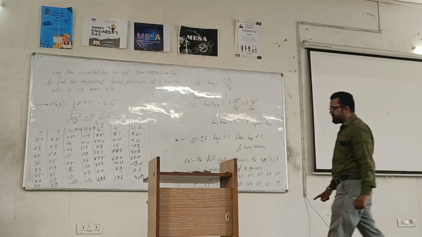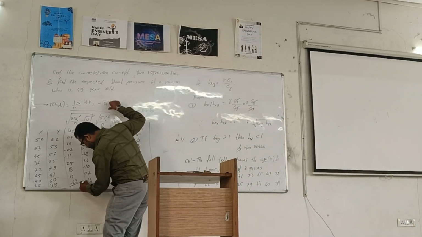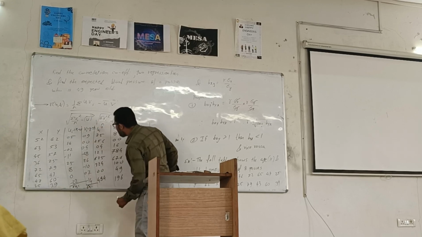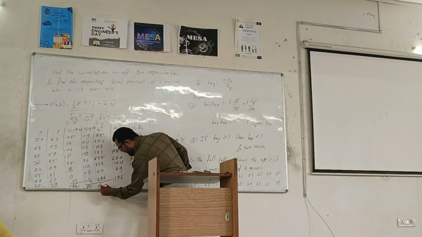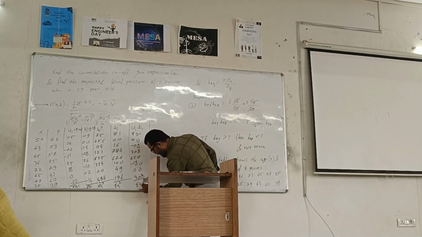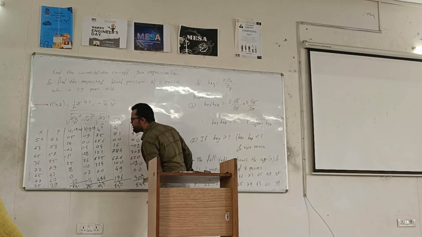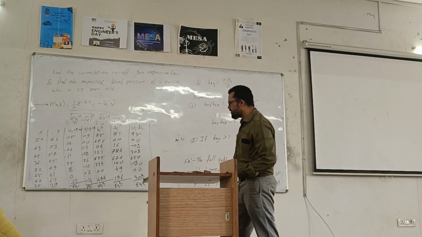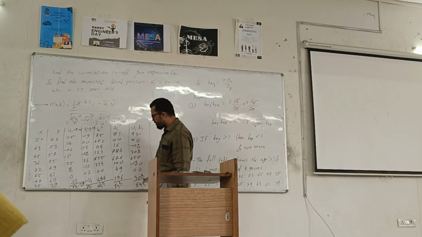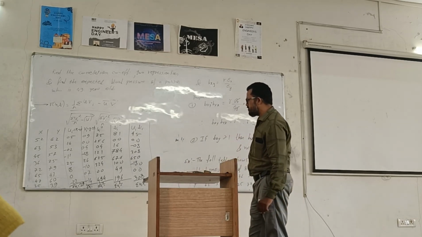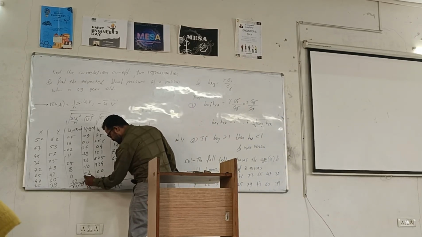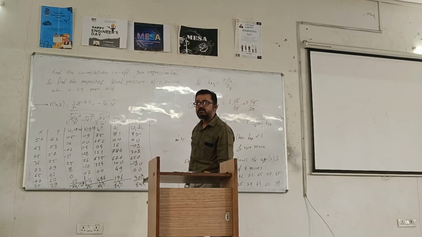Now what sums I need to find? I require sigma ui, sigma vi, sigma ui square, sigma vi square, and last sigma ui vi, find this. Sigma ui कितना है मेरे? 29. Sigma vi minus 6.